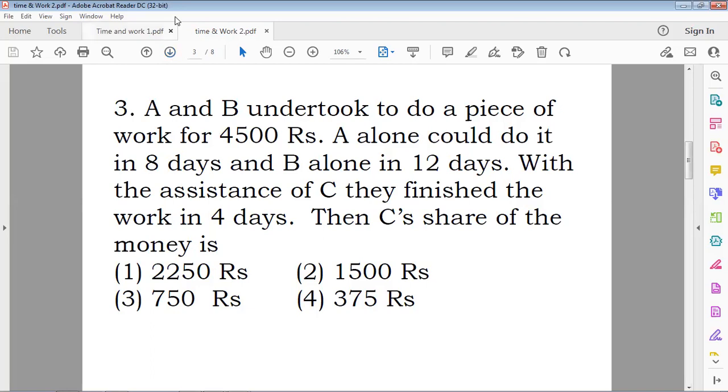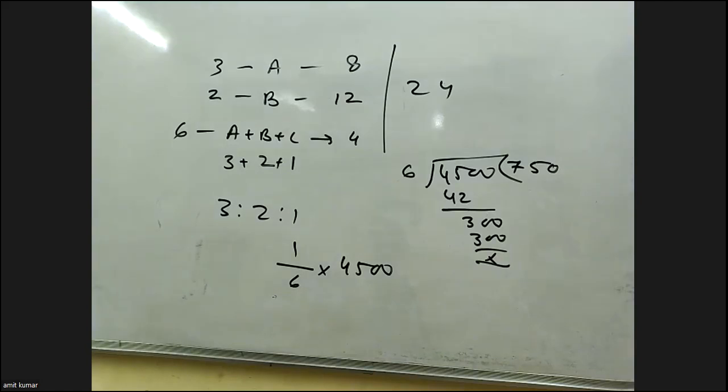Is it clear? See, where did the 1 come from?